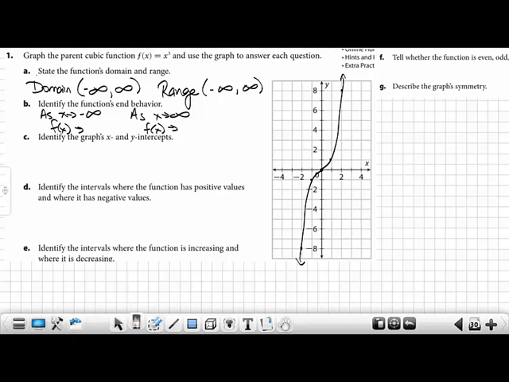I'm going to start moving my finger on it, going left. Which way am I going? Down. Going to negative infinity. As I go right, it goes up.